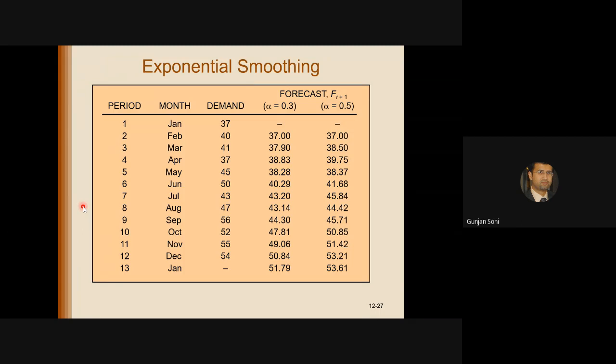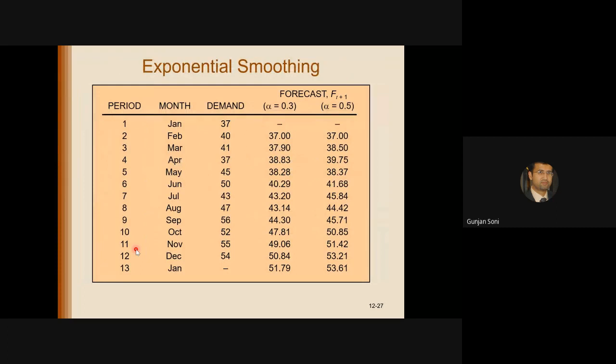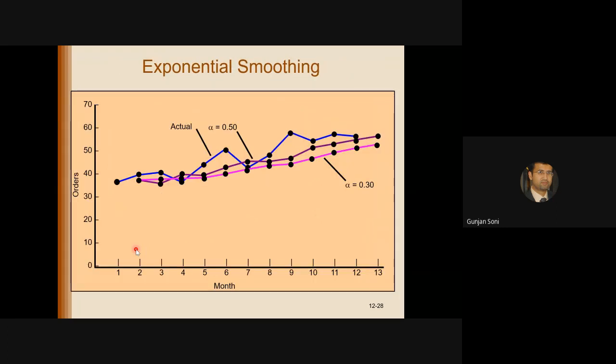Okay, so I go ahead. Sir, for the fourth calculation, for April, we take demand of March, 37. So we can take it for April only, right? Because we have the earlier demand. Just a second. For F4, you can see that D3, you have to take the previous month's demand.